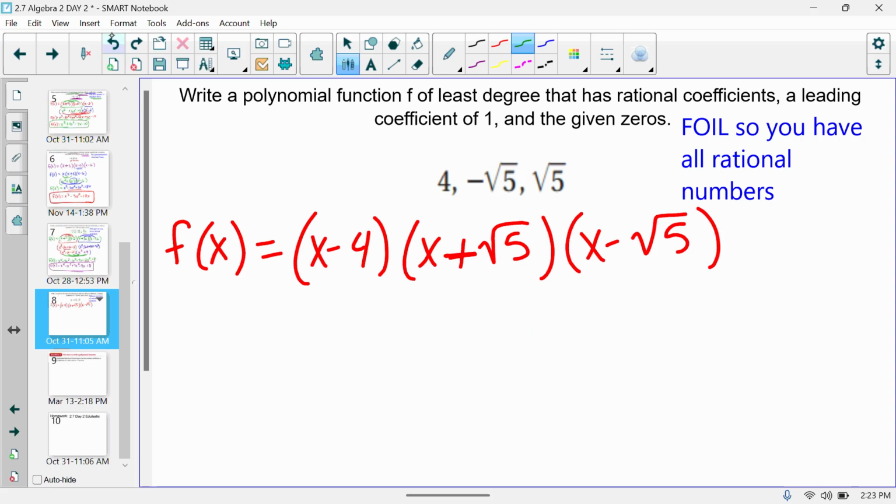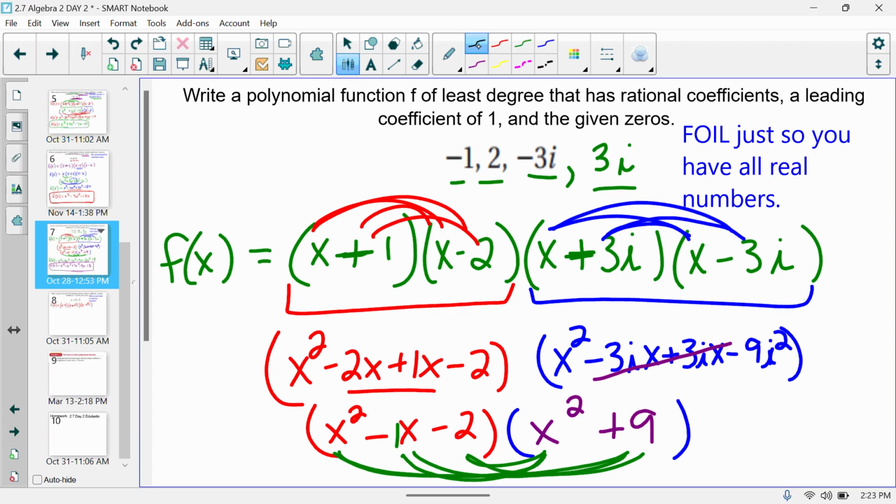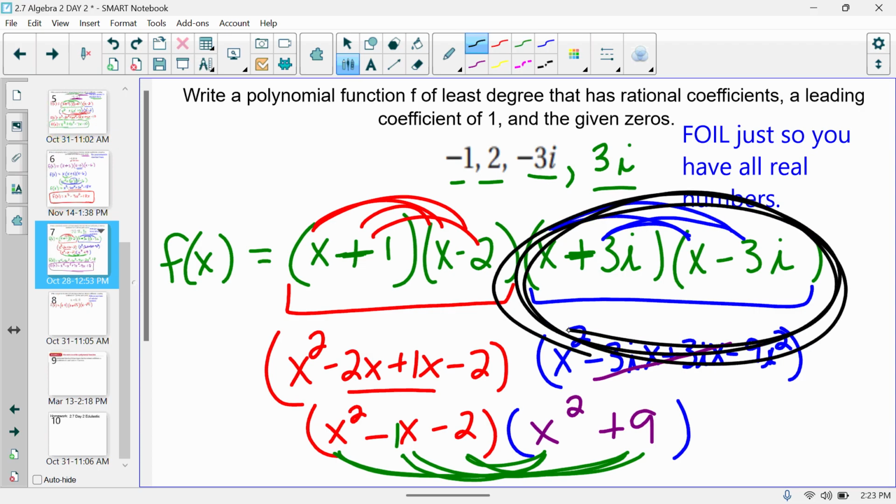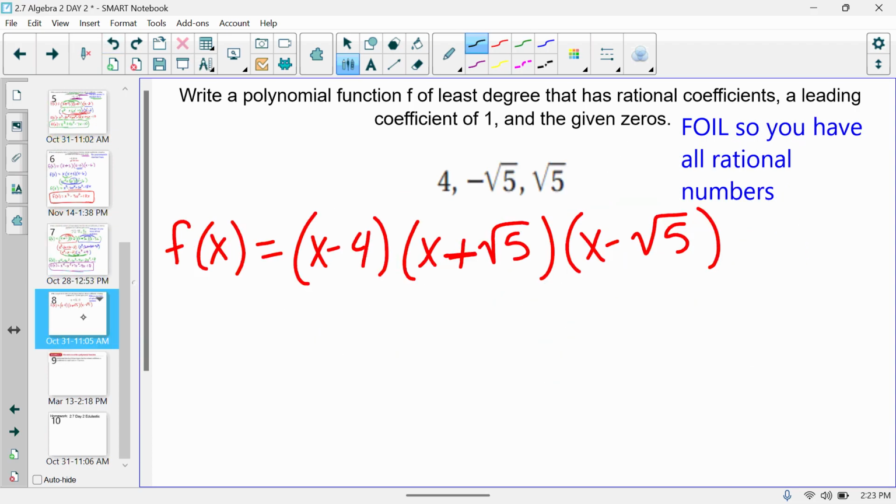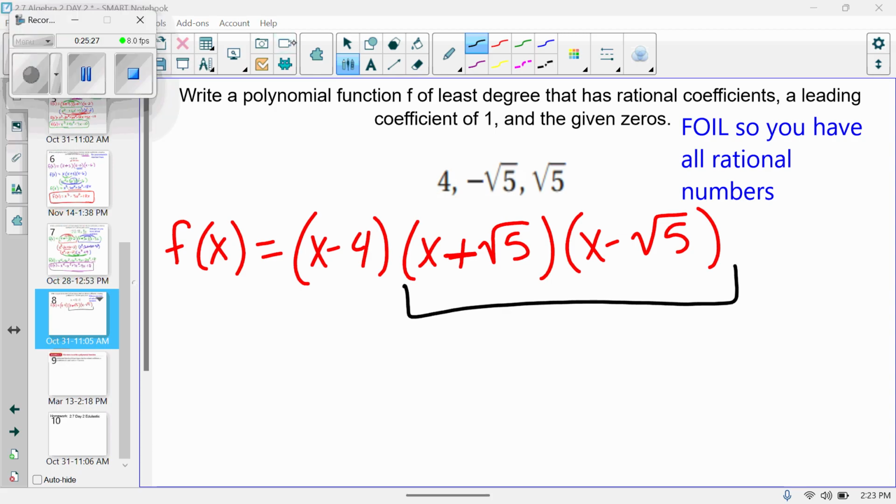Like, you could just go from left to right, but I wouldn't. Like, remember on the last one how I had you multiply the two that both involved imaginary numbers? I would multiply out the two that both involve irrational numbers, that radical 5. I'm going to give you a minute just to FOIL that to see what you get as the answer.